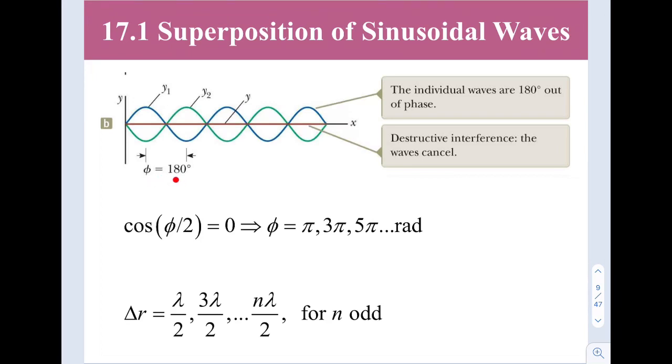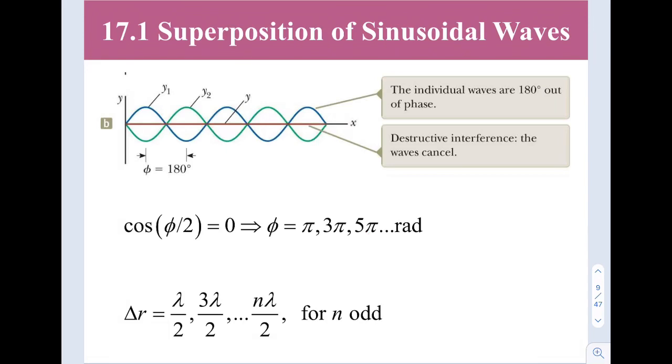That's the meaning of the phase difference, or the phi here. So cos(phi/2) is 0, which gives us the information that phi is equivalent to pi, 3 pi, 5 pi, and so on in radian, which is the odd multiples of pi.